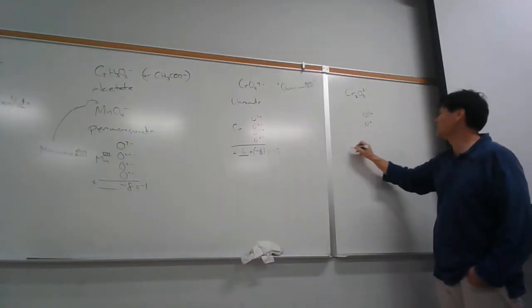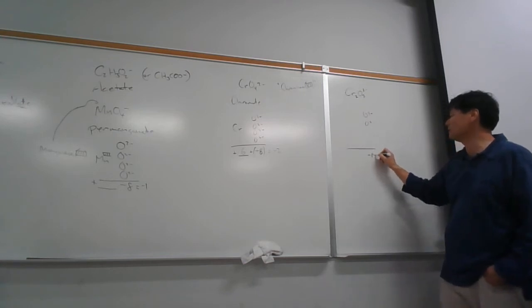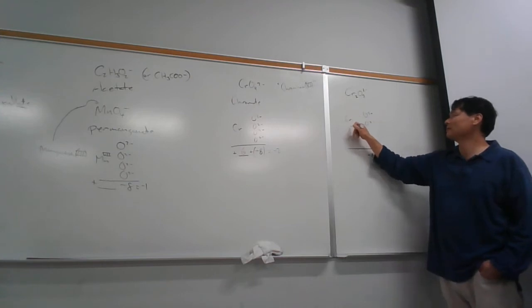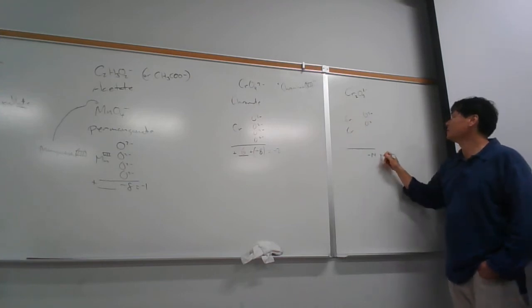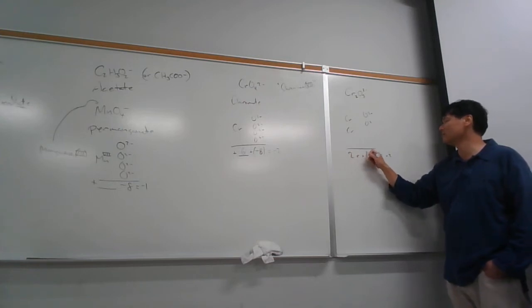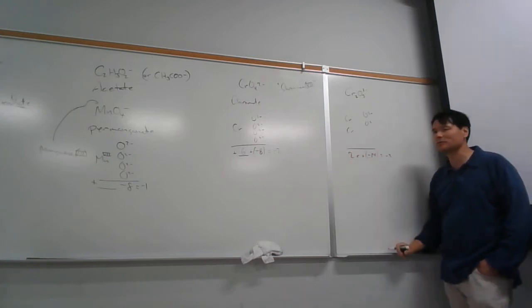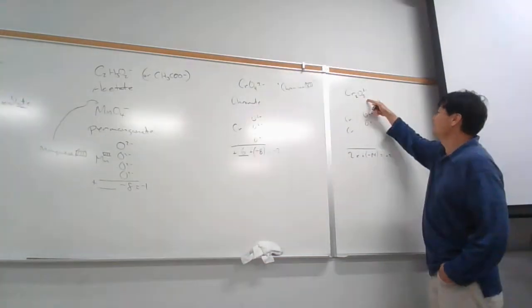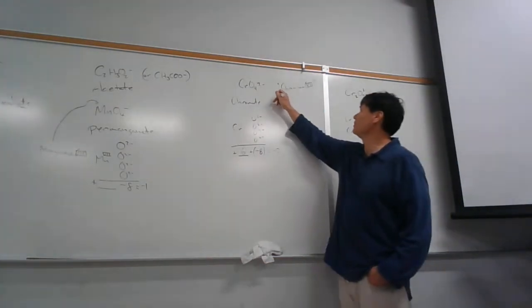We can just add those out. That's going to give us -14. 7 times -2. We have 2 chromiums. And this has got to equal -2. So 2 times x plus -14 is going to give us -2. So x must be 6. So this is also chromium 6. In fact, both of these are chromium 6.